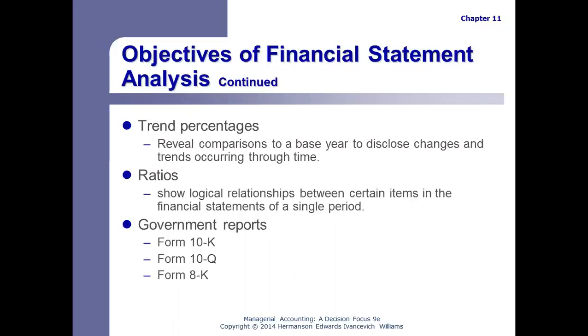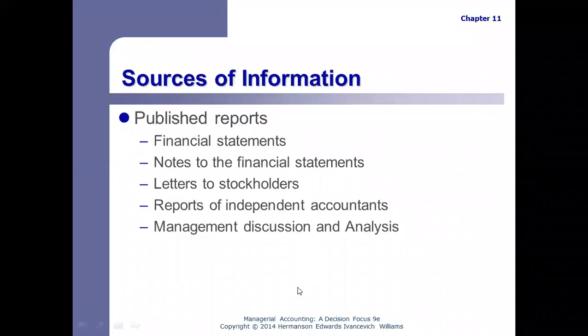And then ratios. Ratios are simply relationships between items in the financial statement, and we'll see a bunch of those as we go through this. Don't worry so much about the government reports. This is more financial accounting focused, so we won't talk about that much.